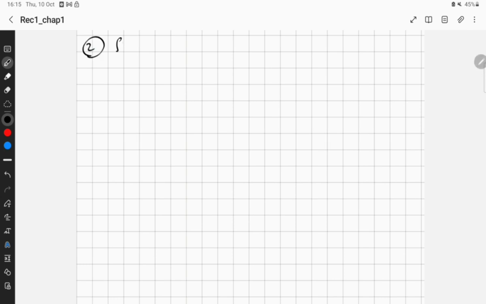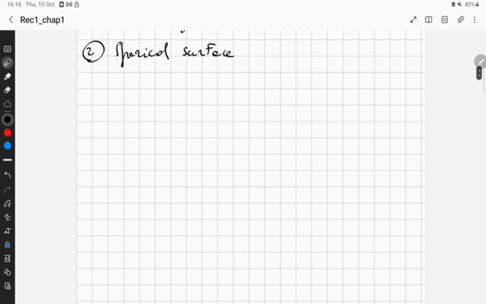For the second kind of geometry, we have spherical geometry. So a spherical surface with positive curvature, radius of curvature, one over r square.